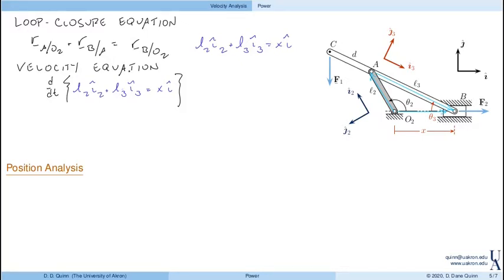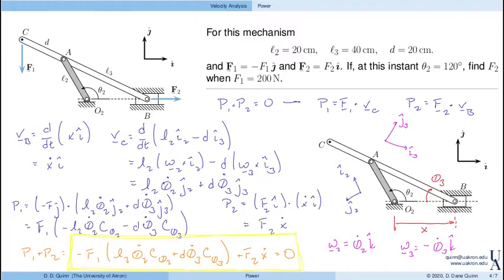We know how to take derivatives of vectors, right? And this one in particular becomes L2 omega 2 cross I2, that's the change in this first term. The change in the second term is L3 omega 3 cross I3 equals, in this case, x dot I. Well, I've already determined what those angular velocities are on the previous slide.